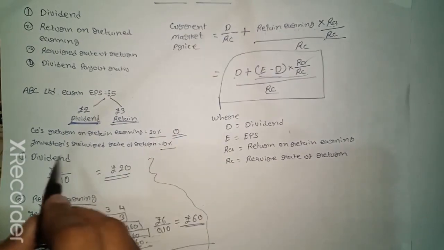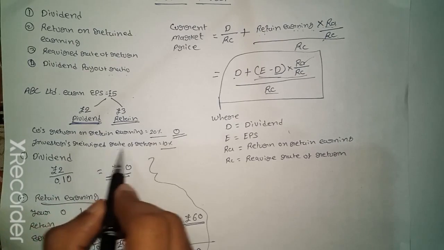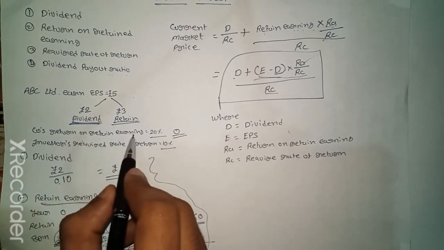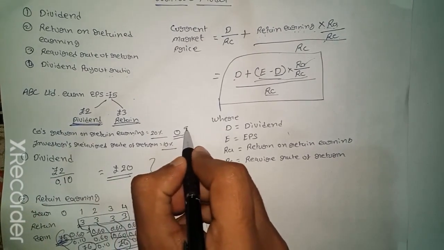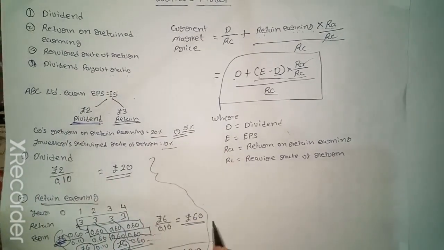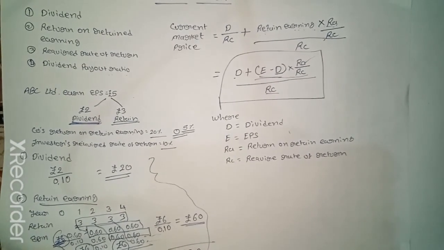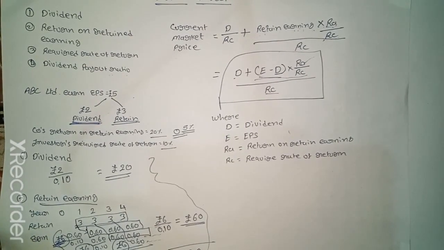And if the investors' required rate of return is 10% and the company's return on retained earning is, for example, 5%, then investors wish that the company pays the whole earning as a dividend.